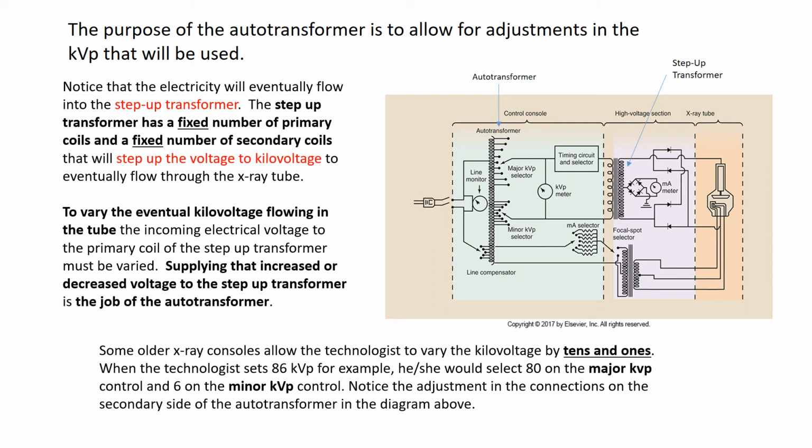So on an older piece of equipment, you'd have to set up 80. That's going to be the major taps on the autotransformer, and then 6, which would be your minor taps on the autotransformer. Notice the adjustment in the connections on the secondary side of the autotransformer in the diagram above. So you've got major kVp, minor kVp selector taps.